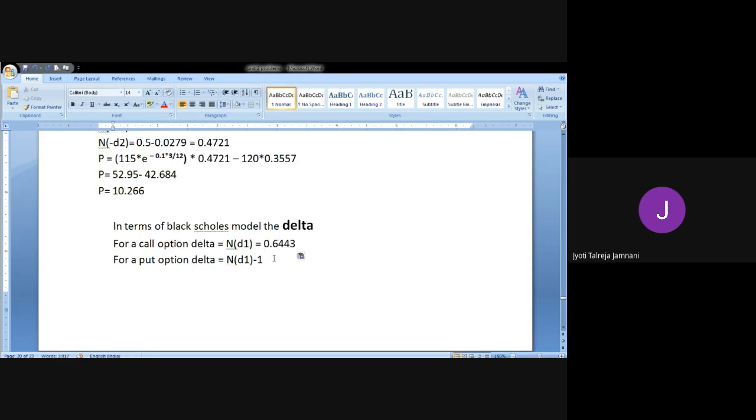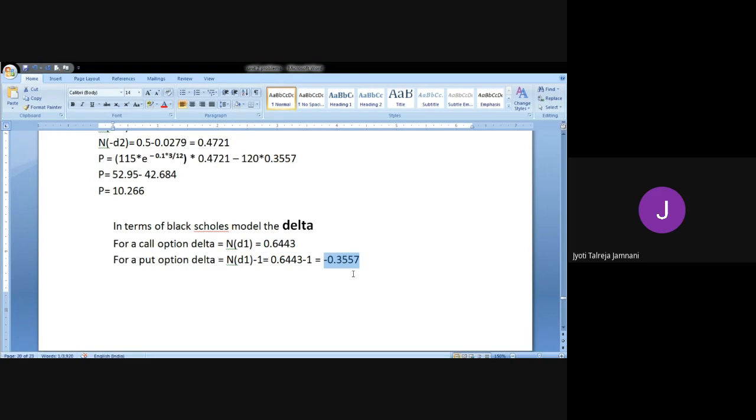And for a put option, it is N(d1) minus 1. So 0.6443 minus 1, which will be equal to minus 0.3557. An increase in the stock price is good for a call option, so the delta is positive, and it is bad for a put option, so the delta is negative.